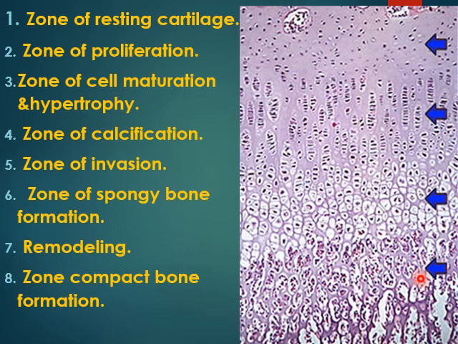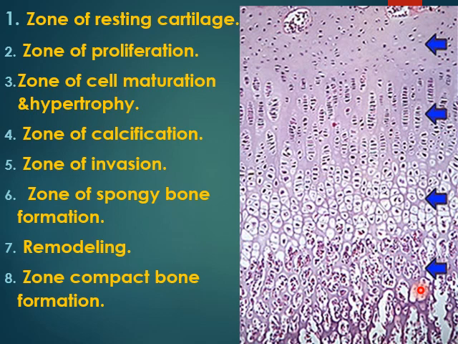The osteogenic cells will form osteoblasts, and the osteoblasts will form irregular bone trabeculae, with bone marrow cavities in between them. So this is the zone of spongy bone formation, or the zone of ossification. Then we have the zone of remodeling. What do I mean by remodeling? Changing the spongy bone into compact bone.